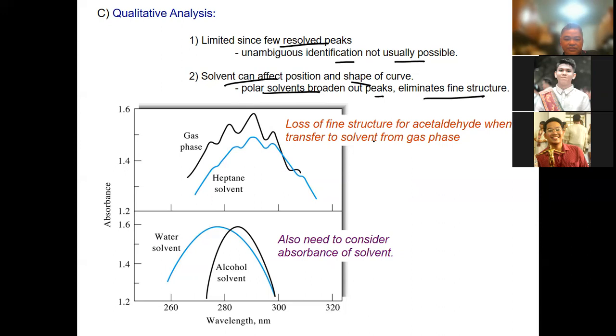Okay, so in this example here, you could see the loss of fine structure for acetaldehyde when transferred to solvent from the gas phase. Iba usually yung gas kaysa doon sa solvent. Sa absorbance.